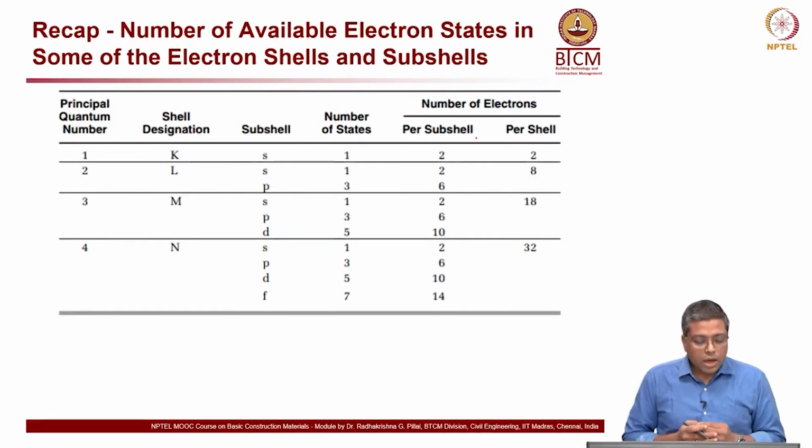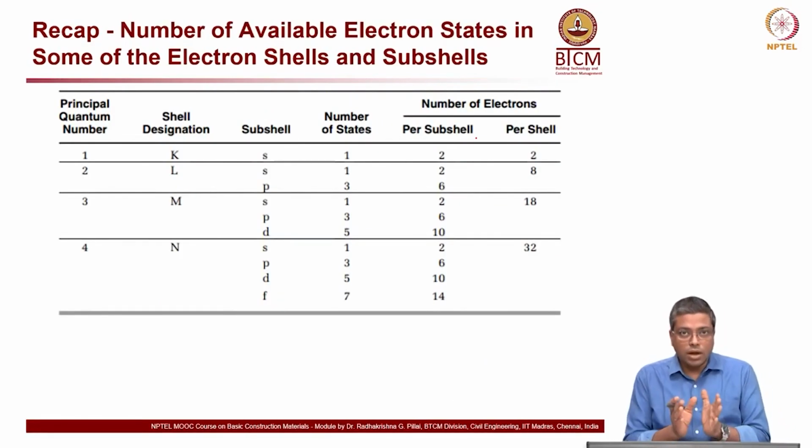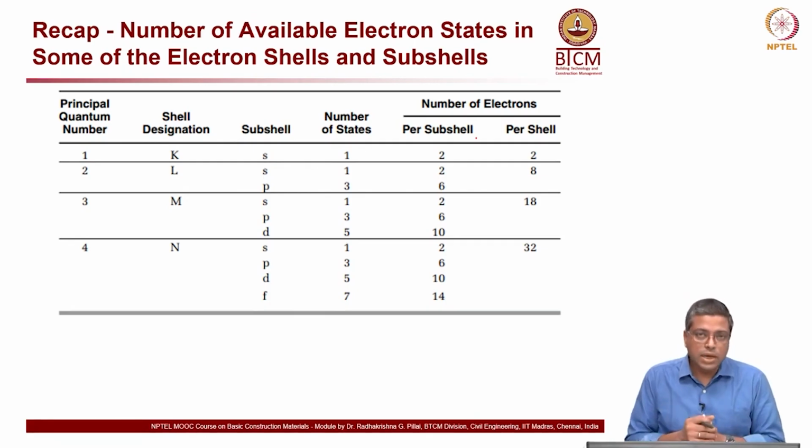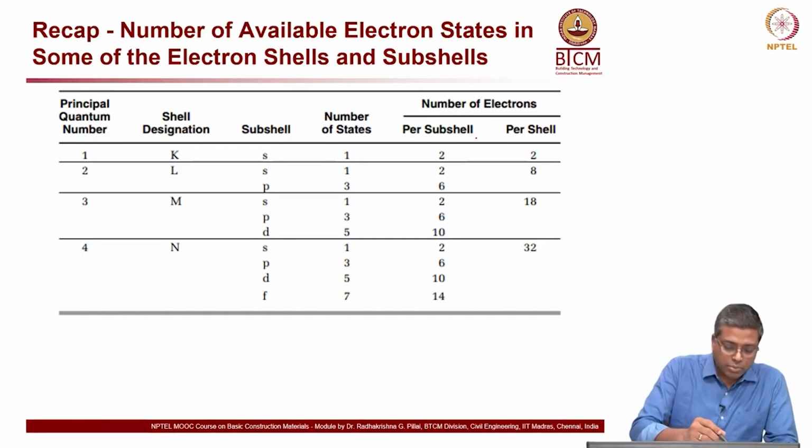Now, we just talked about there being a cloud and all that, so how is it actually organized, or how are the electrons configured in a particular atom?